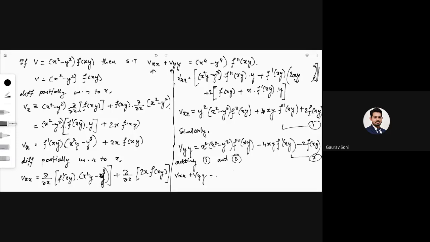So what we finally have is y square times x square minus y square f double dash of xy, plus x square times x square minus y square f double dash of xy. And so I can take this common, and we have x square plus y square times x square minus y square f double dash of xy.